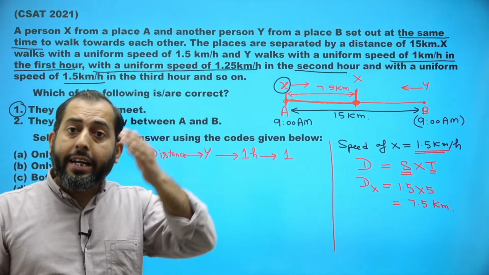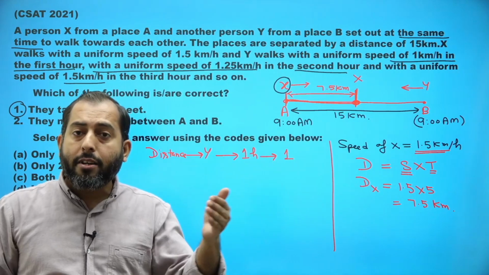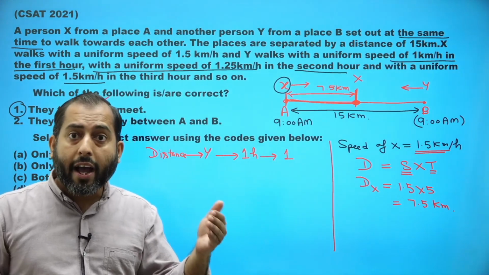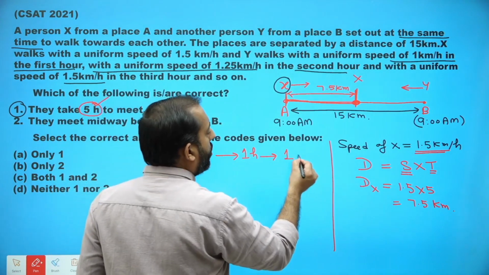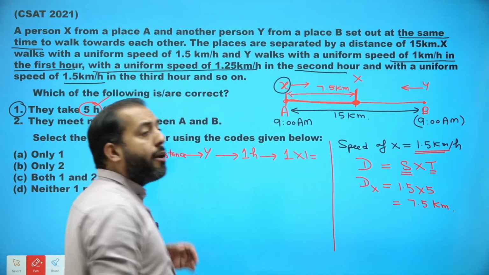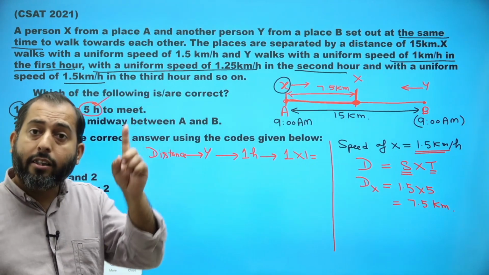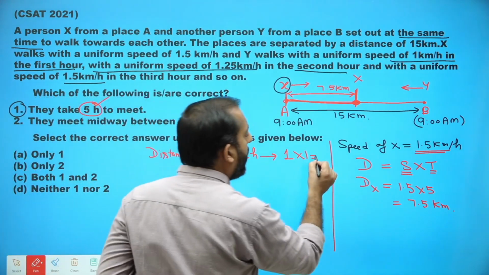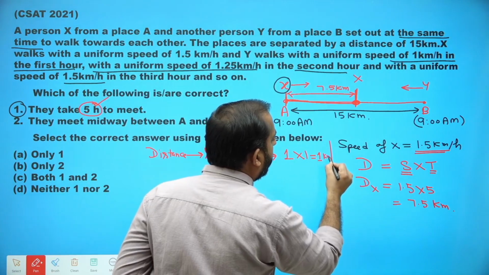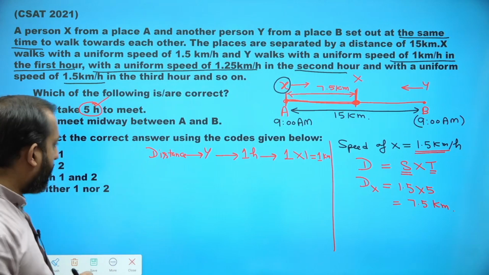And 9 till 10, distance traveled, time taken by Y is 1. So distance traveled by Y from 9 till 10 in the very first hour will be 1 kilometer only.